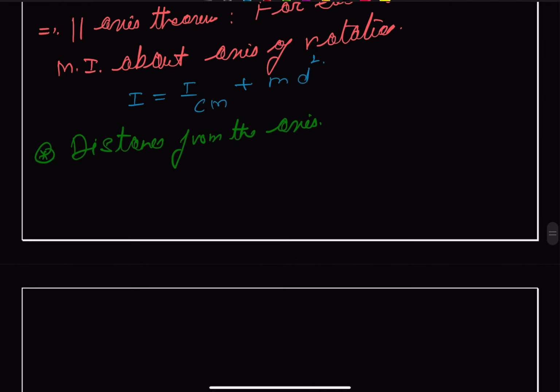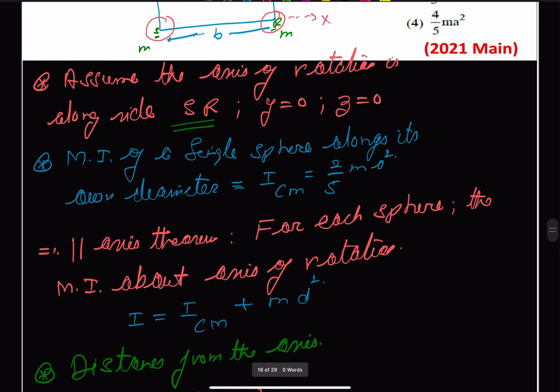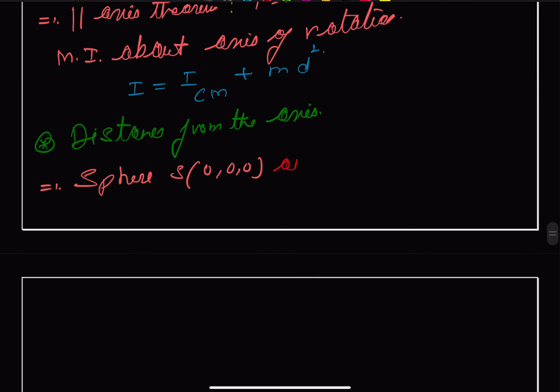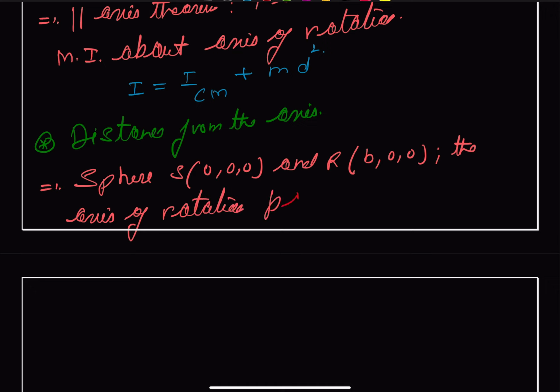Therefore, spheres S, which is 0, 0, 0, and R, which is B, 0, 0: the axis of rotation passes through their center.